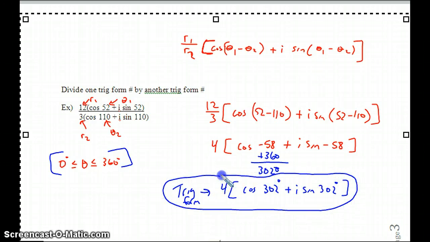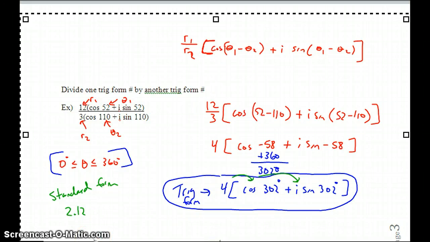If I wanted to write the answer in standard form, I'll do that over here. All I would have to do is use the distributive property and multiply that in. So make sure your calculator is in the right mode. 4 times the cosine of 302 is 2.12.